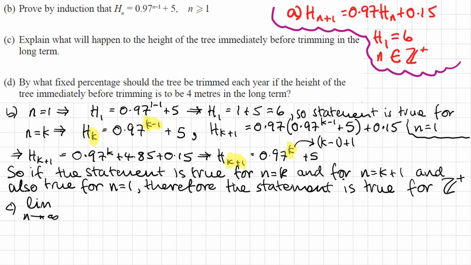So I can write down here the limit as n tends to infinity of 0.97 to the power n minus 1. Well, this is tending towards 0. All that's left is the 5.